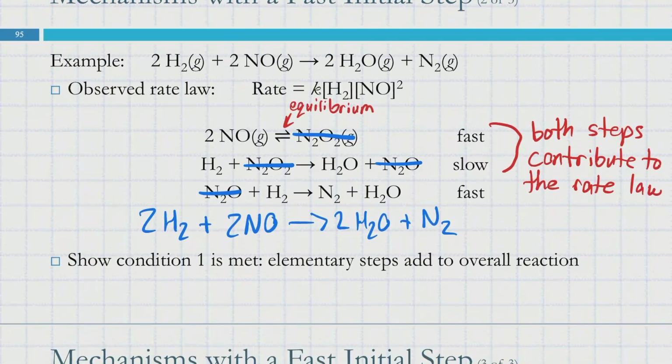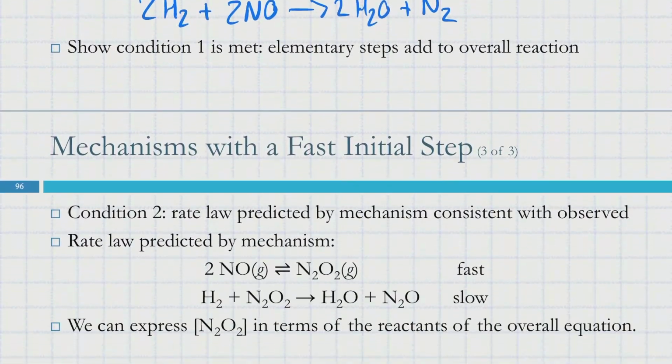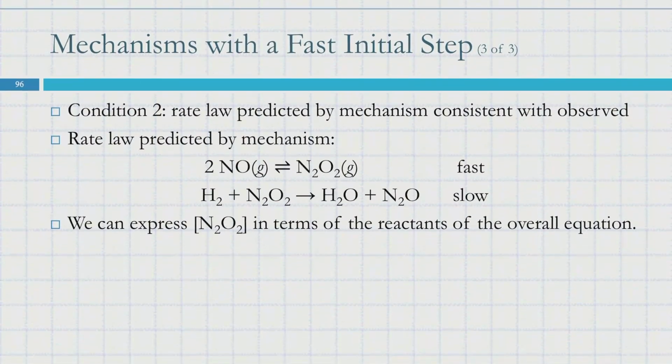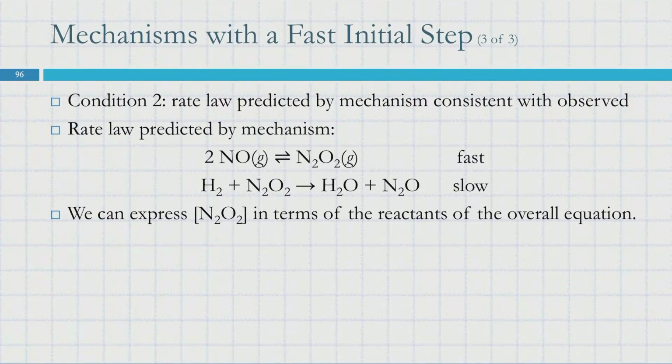That's the easier of the two, perhaps. Condition 2, we need to show that our rate law predicted by the mechanism, our elementary steps, is consistent with our observed rate law.